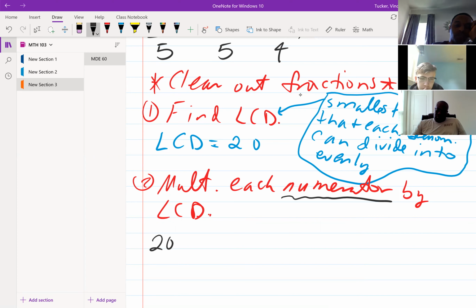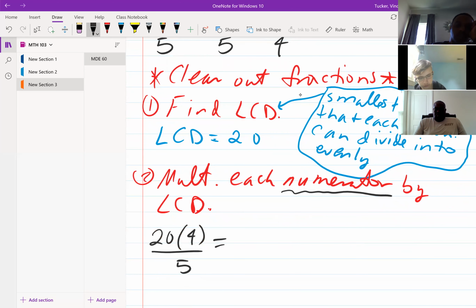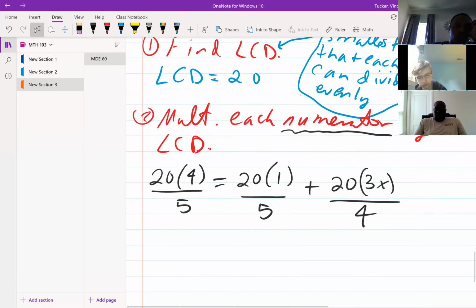So we're multiplying each numerator by the LCD. That was a plus, right?